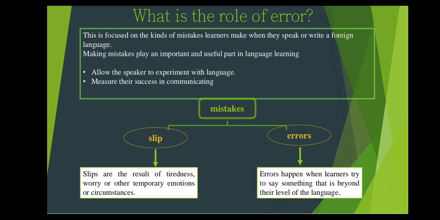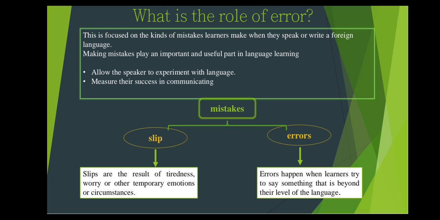So now we must classify this type of mistake into slips and errors. Slips are the result of tiredness, worry, or other temporary emotion or circumstances. Slips are mistakes that the students make because they are bored, because they are nervous, or for other reasons.